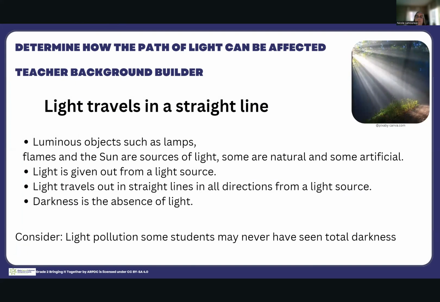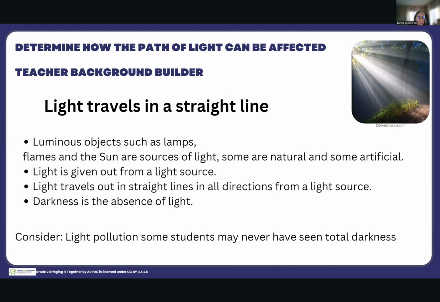No. So you can teach the kids about natural or artificial light if you have time, but I wouldn't assess it because it's not part of our curriculum. Light is given out from a source, which is why we start there, in all directions, and darkness is the absence of light. One area for misconceptions is that students think, because they've never really experienced complete darkness, that your eyes will adjust.